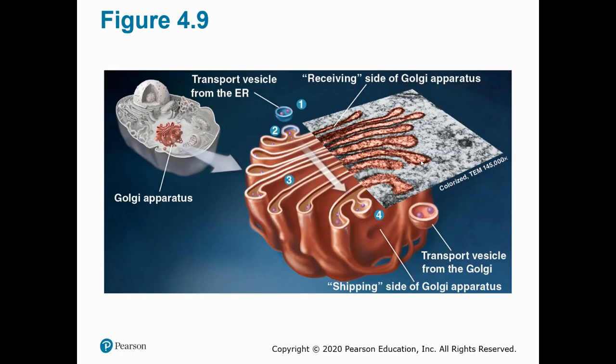The Golgi apparatus is basically the post office that does these kinds of things. It's a stack of membranes like that, and there's one-directional transport that happens from one side of the Golgi to the other side of the Golgi.